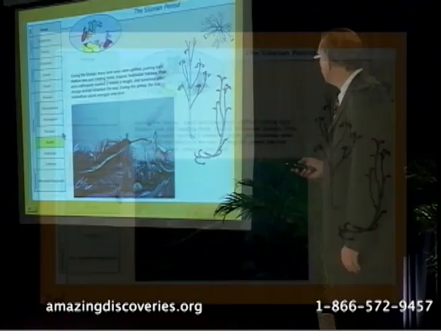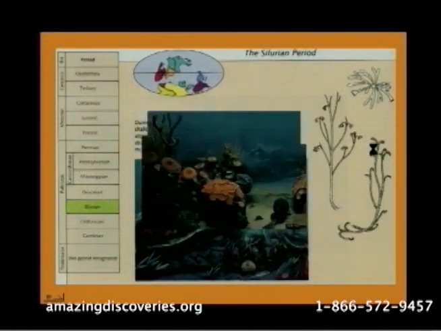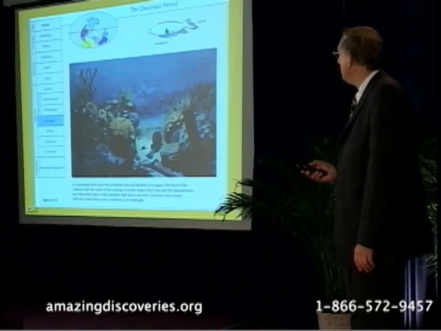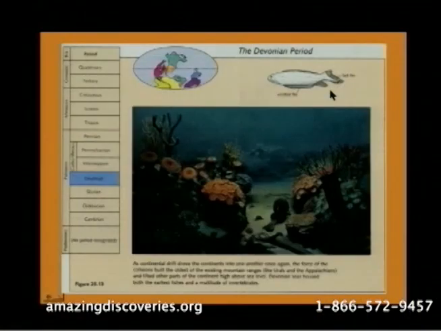As we go higher into the Silurian, you have some more creepy crawlies and some plant materials. Then we come to the Devonian, which is known as the age of the fishes. We have many, many fish in the Devonian, and the record is just covered in fish. Some very interesting fish fossils, we'll have a look at those in a moment.